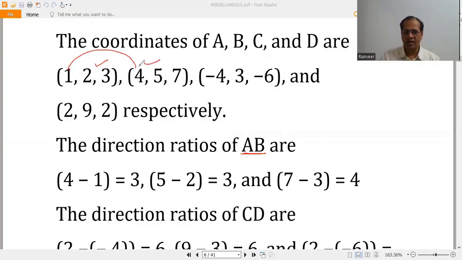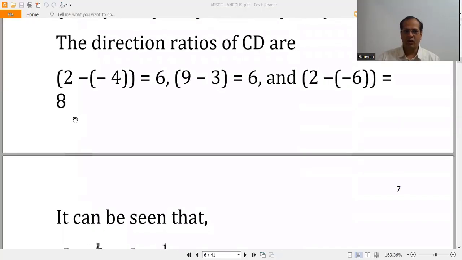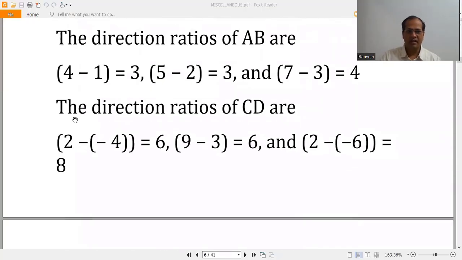So 4 minus 1, 5 minus 2 and 7 minus 3. This is the direction ratio of AB, and the direction ratio of CD we can write as 2 minus minus 4, 9 minus 3 and 2 minus minus 6. So this is the direction ratio of CD. Now if we observe here, this is 3 and this is 6, this is 3, this is 6, and this is 4 and this is 8.